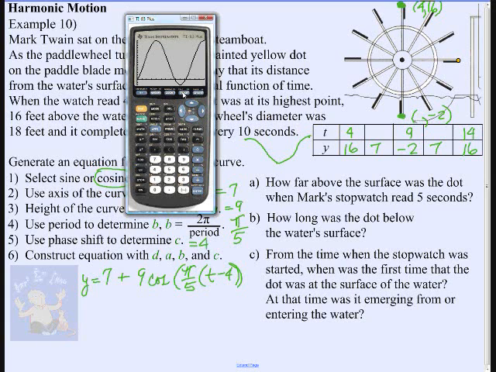Okay, let's turn on our trace and see if we can get there. So we're looking for x equal to 5. Let's do x equals 5.